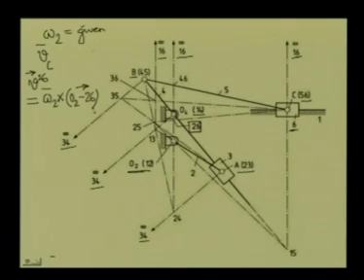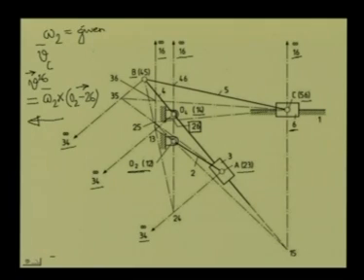Link number 2 is rotating about 1, 2 and this point 2, 6 is here. If omega 2 is counterclockwise, the velocity of this point 2, 6 is horizontal and to the left because this line is vertical. The magnitude is omega 2 into this distance O2 to 2, 6.